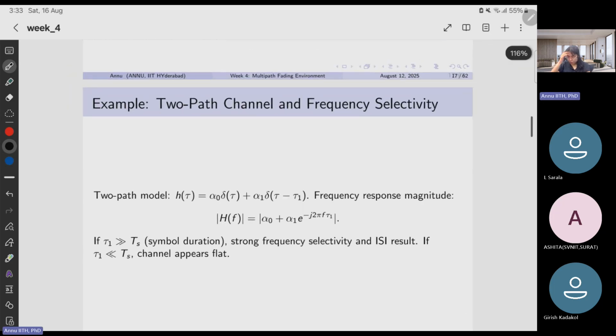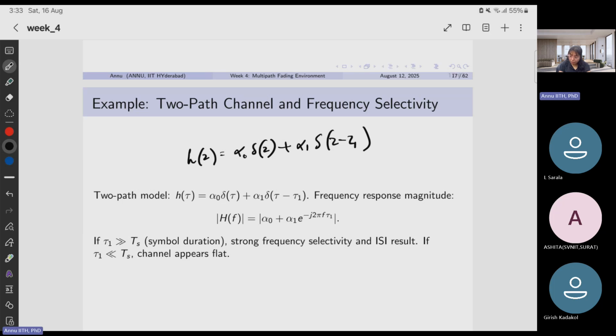Giving you an example, suppose you have a two path channel, for frequency selectivity. In that case, h of tau is nothing but alpha naught delta tau plus alpha 1 delta of tau minus tau 1. So you can say you have two paths, or two tap delay components, where the first tap delay is 0 and the second is tau 1.